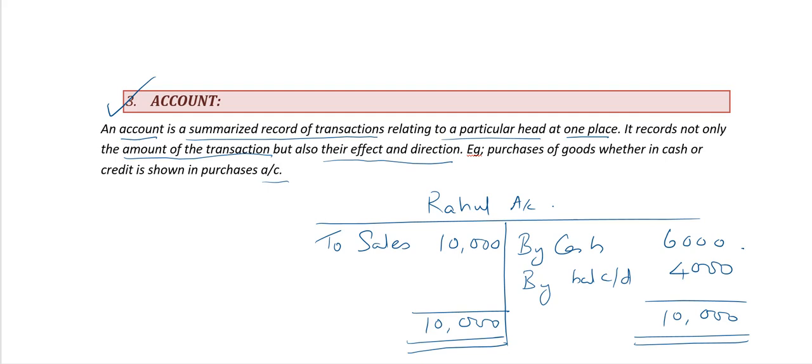And the balance which Rahul owes to the business, which is 4,000 rupees, is also on the right side. This is an example of a Rahul account, wherein a summary of all transactions related to Rahul is recorded. An account is in the form of a T shape.